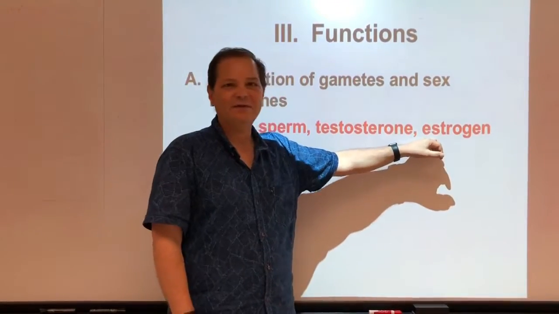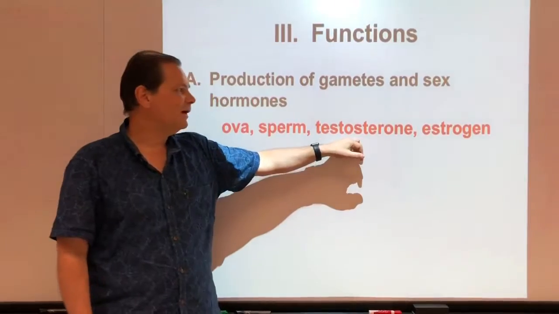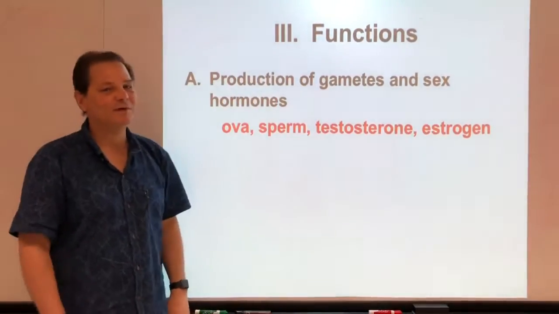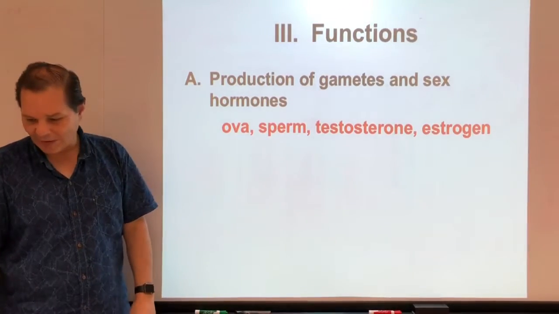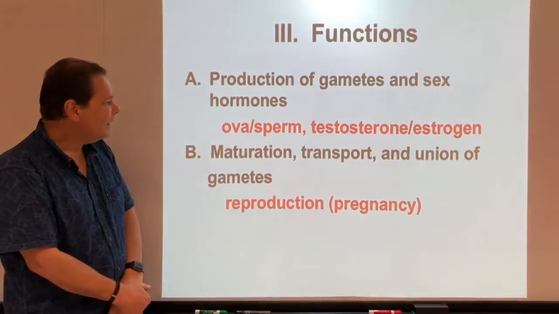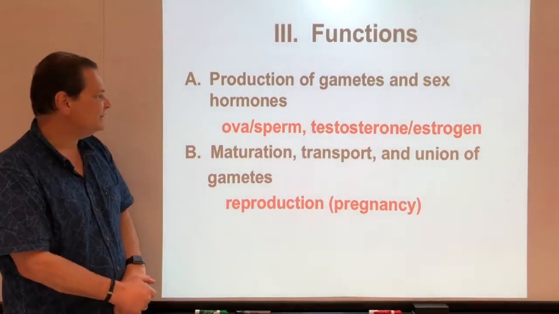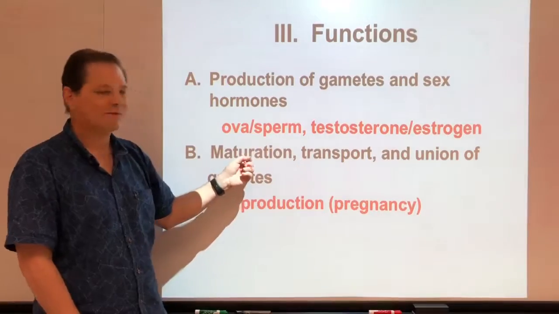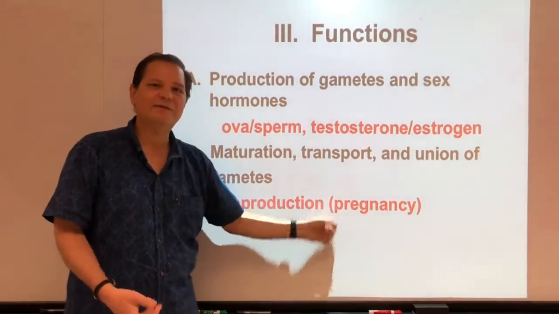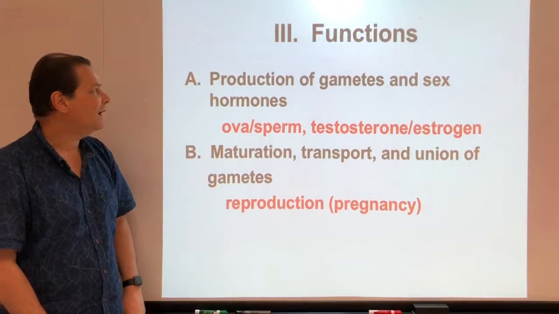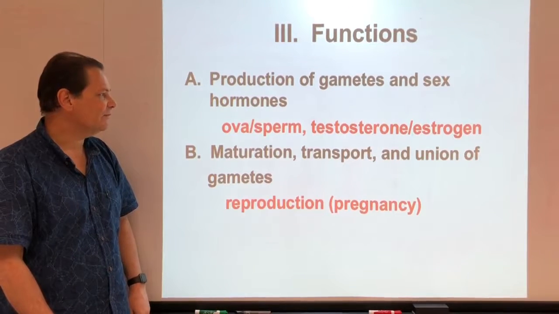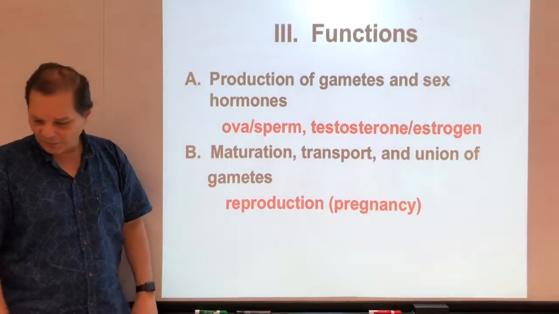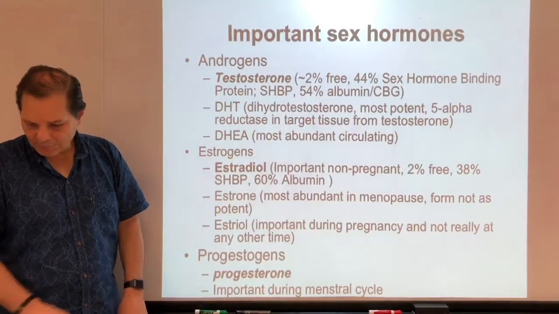Estrogen might be highest in the female, and testosterone might be highest in the male, but there's testosterone in the female, there's estrogen in the male, and they do have their functions, which cannot be forgotten. And then the remaining functions involve union of the gametes, transport, and maturation, basically pregnancy, really just bringing that material together and making sure it all forms and is delivered properly.